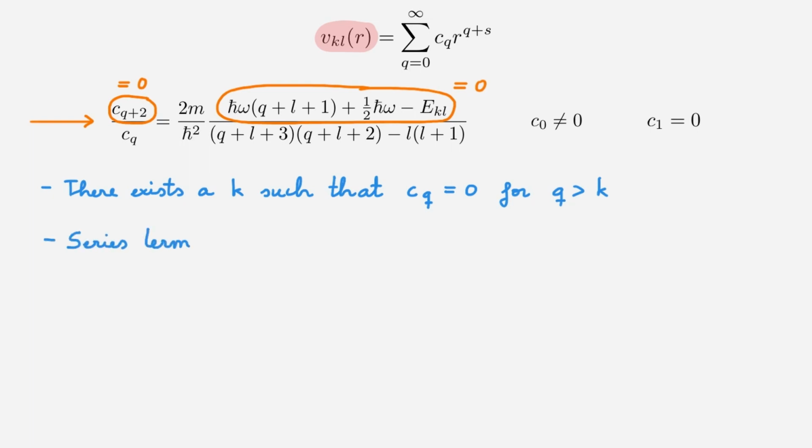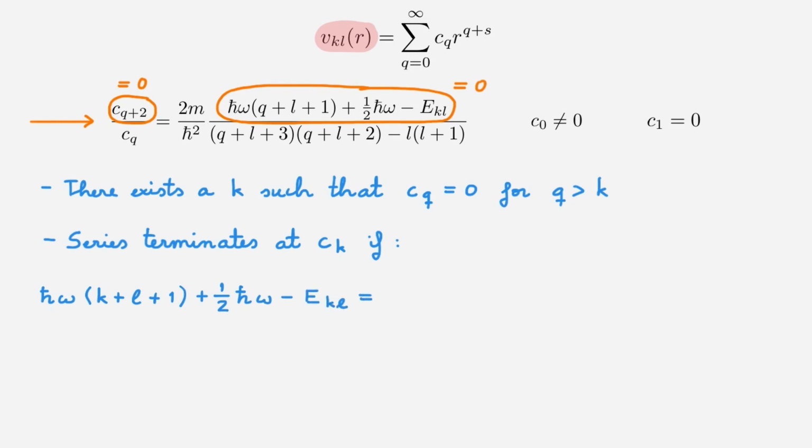So the series will terminate at c_k if the numerator of the recurrence relation vanishes, which means that ħω(k + L + 1/2) − E_kL = 0. Rearranging, we get that the energy is equal to ħω(k + L + 3/2).